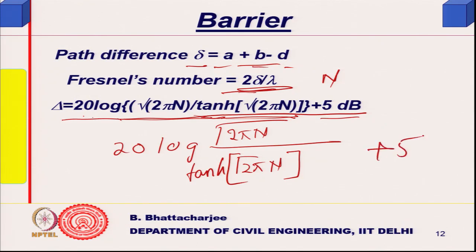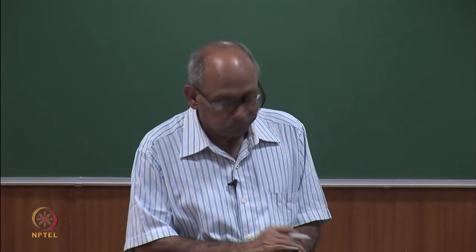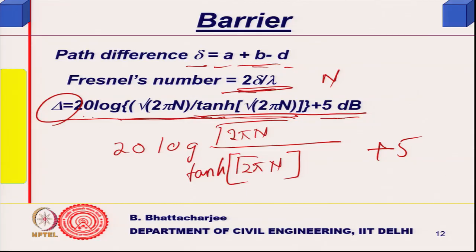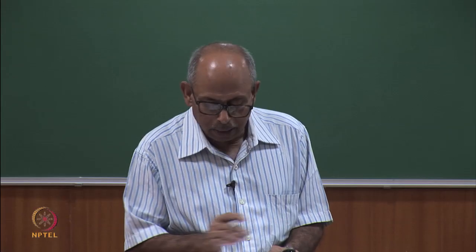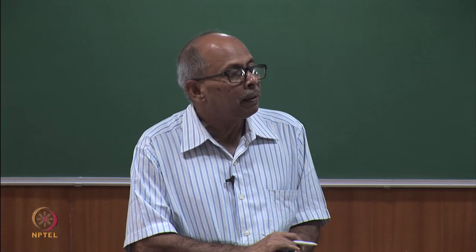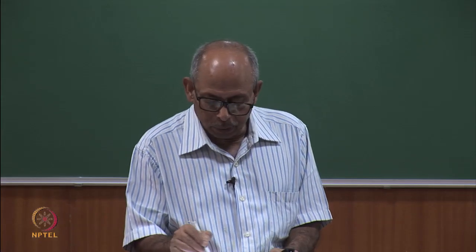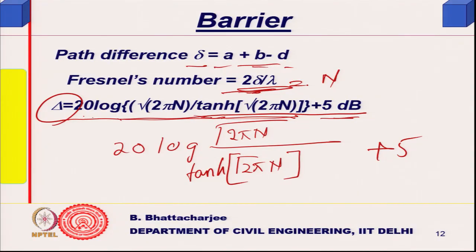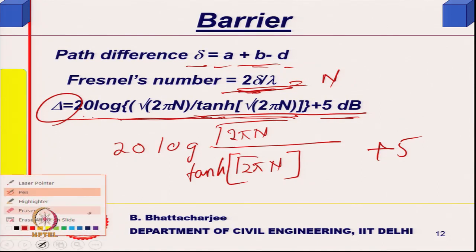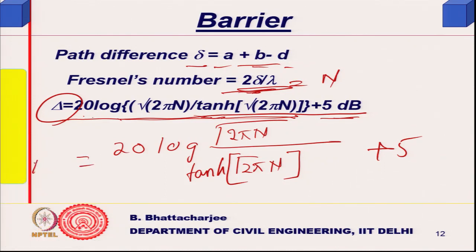So, it is actually 20 log of square root of 2 pi n divided by tanh of square root of 2 pi n, plus 5 dB. Sorry, this is delta dB, the reduction or attenuation, and small delta is the path difference, which is related to n. So, that is how you can calculate it. This is what is given, this equals delta dB.